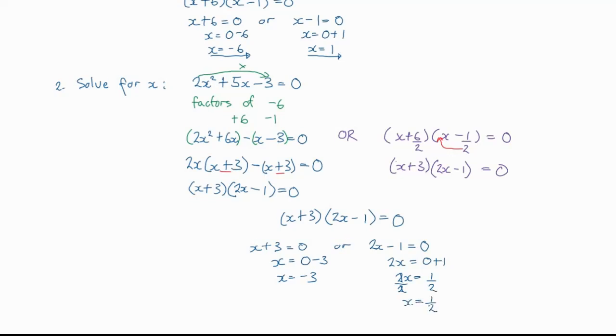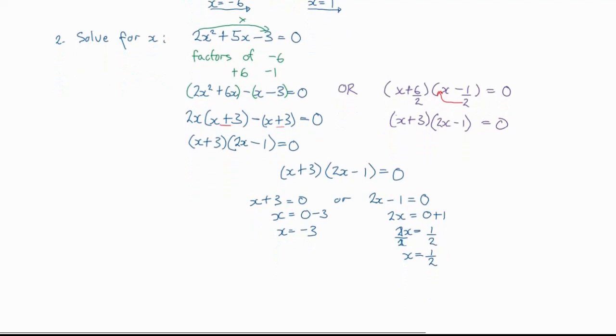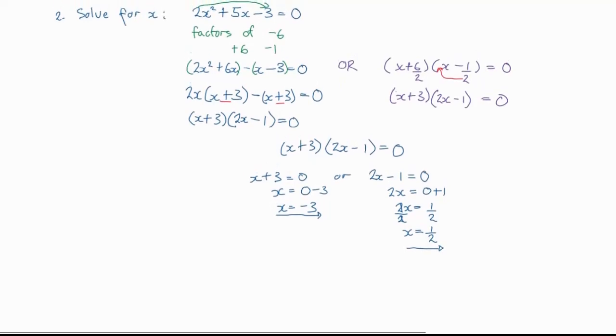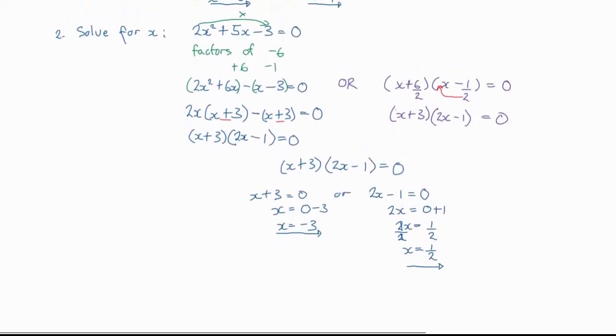So now we've got our two solutions: x equal to -3 or x equal to a half. We have just solved our quadratic equation.